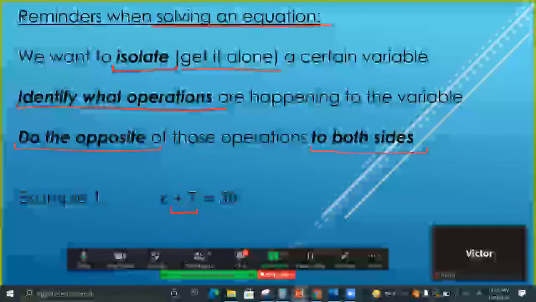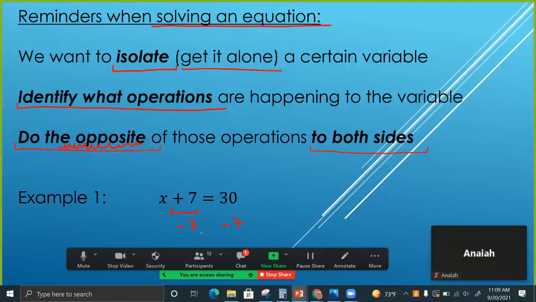How I could solve this for x? Subtract 7. Anaya, high five, thank you. If you identify what's happening as plus 7, then think to yourself, what is the opposite of plus 7? It's minus 7. Subtract 7, like she said. We do that to both sides, and then we can solve it. X is, nope, not 21, 23. I said 21. Okay.